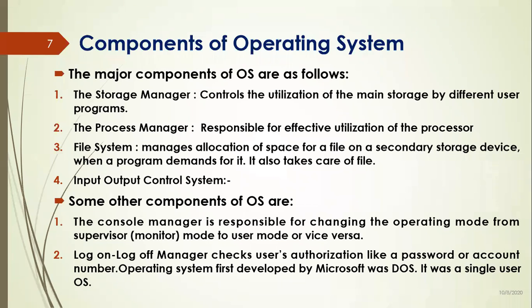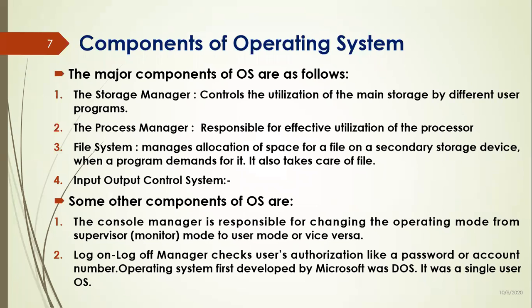Some other components of the operating system are the console manager, and the log on and log off manager. Console manager is going to change the operating system mode from the supervisor mode to the user mode or vice versa. Log on and log off manager checks the user's authorization like password and account.